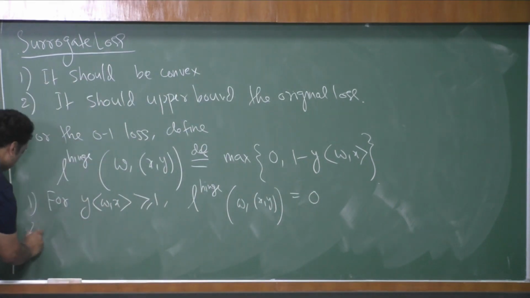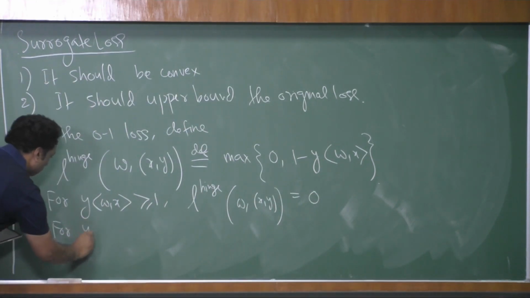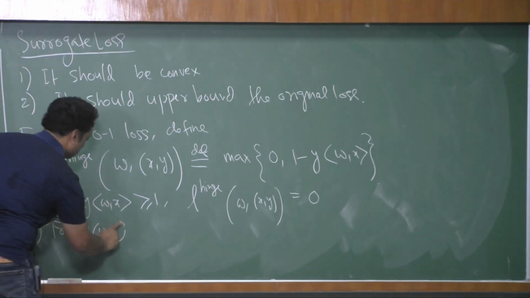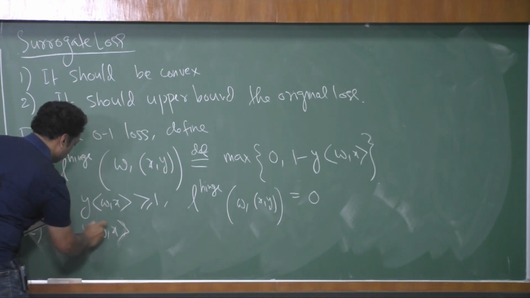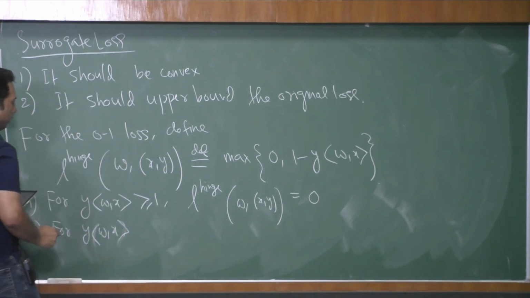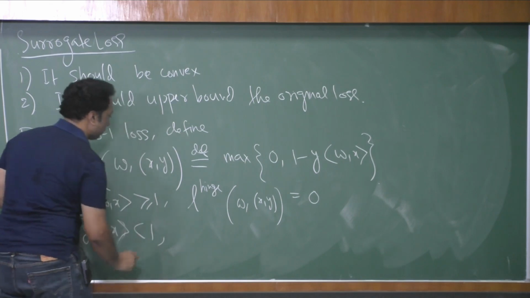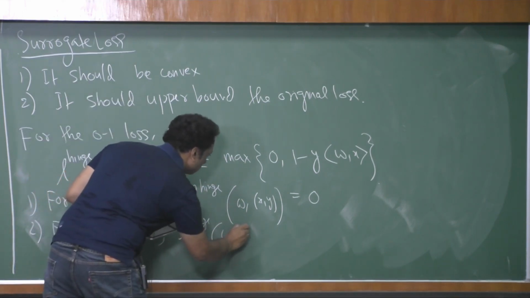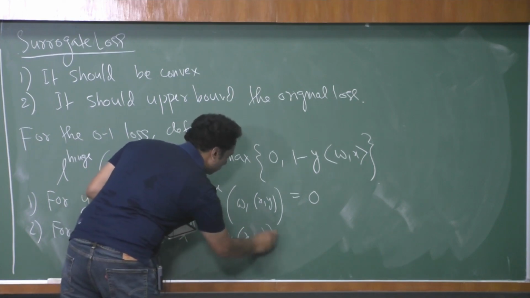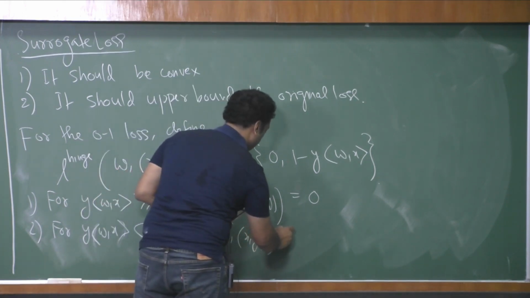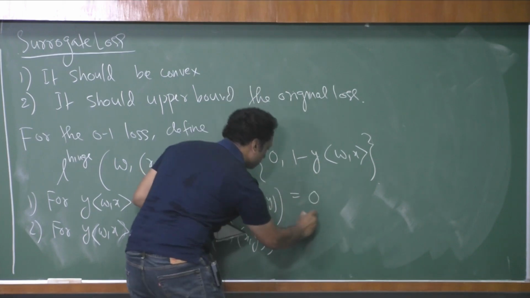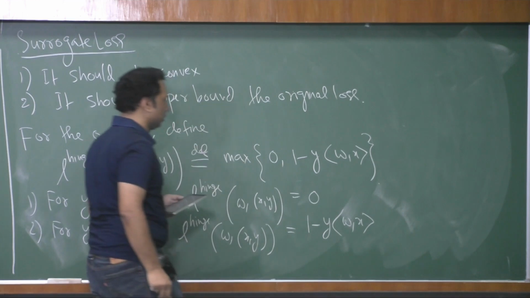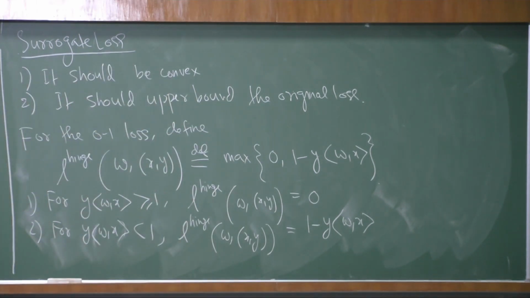And the second case is for y wx less than 1: L hinge of w, x, y is equal to 1 minus y wx, which is this line that we are talking about.